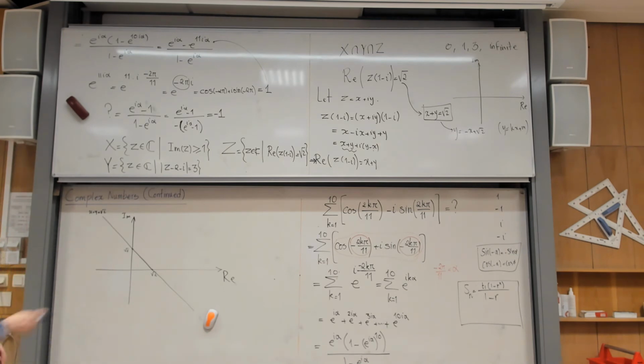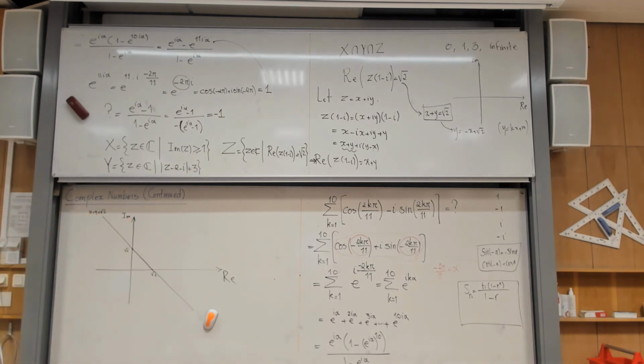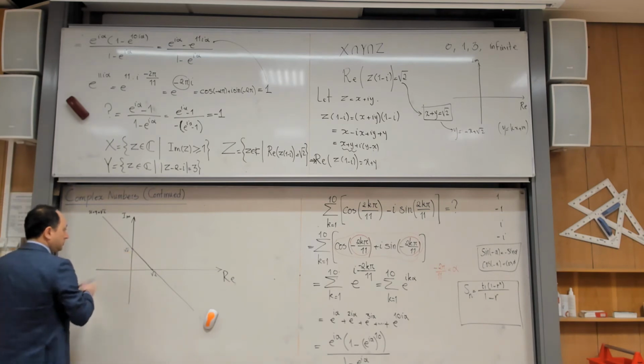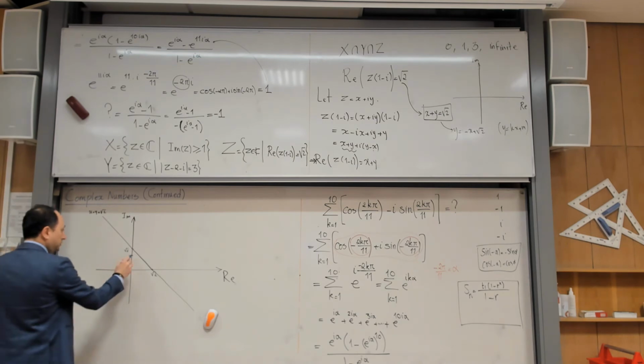Okay, but this one is very simple. I am interested in all those points z whose imaginary part is either 1 or larger than 1. You really don't need to calculate anything, yes? If this is square root of 2, 1 is somewhere here. This is 1, for example.